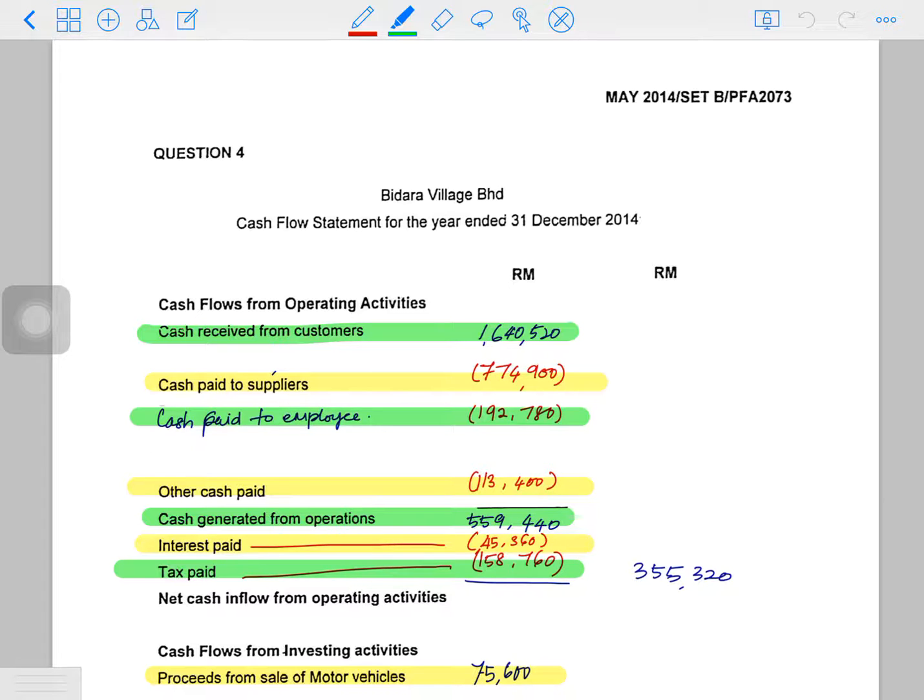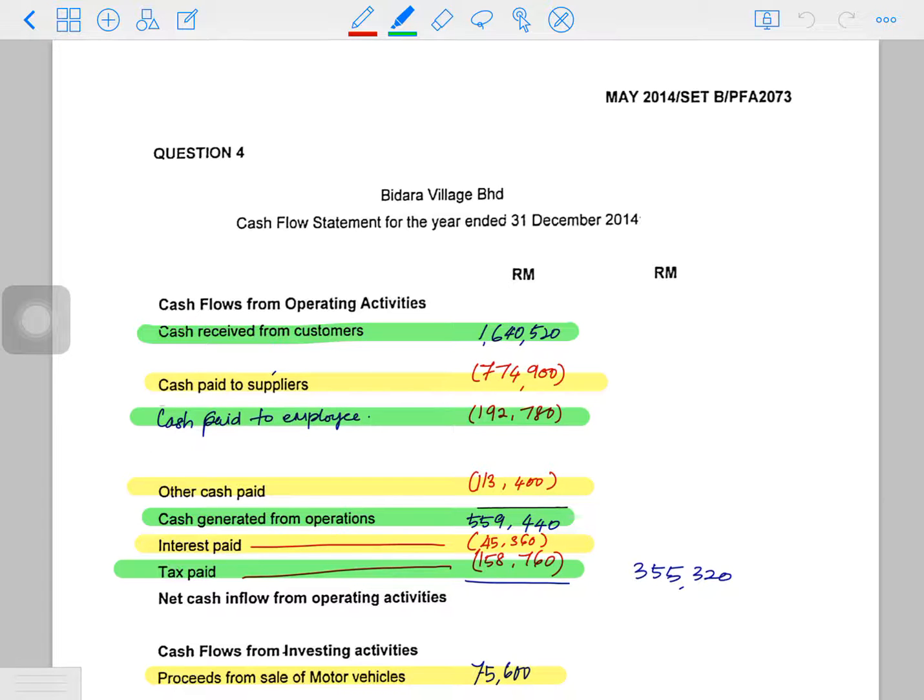Cash means cash at bank and bank overdraft, and also short-term investment. So what is available in your financial position is only cash at bank. There is no short-term investment, only long-term investment. And there is no bank overdraft on the credit part. Therefore, the only available item is cash at bank.